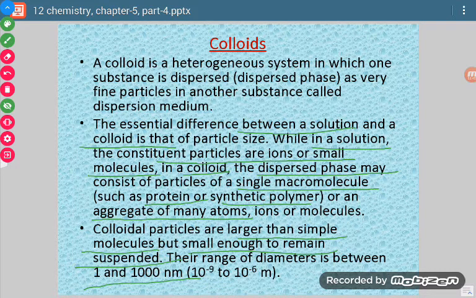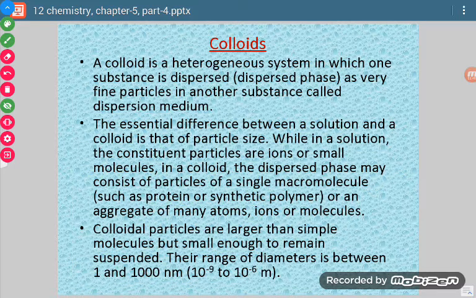So in a colloid there are two phases, just like solute and solvent in a solution, but the particle size range is from 1 to 1000 nanometer. And if the particle size is less than 1 nanometer, then it comes out to be a solution.